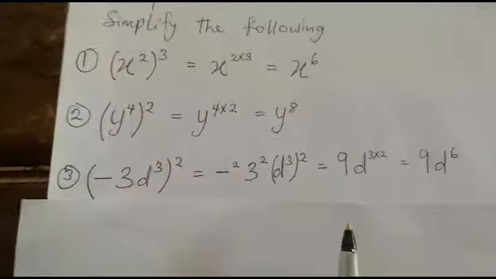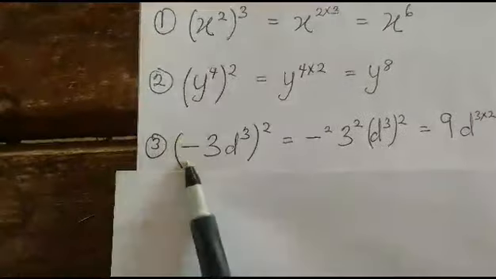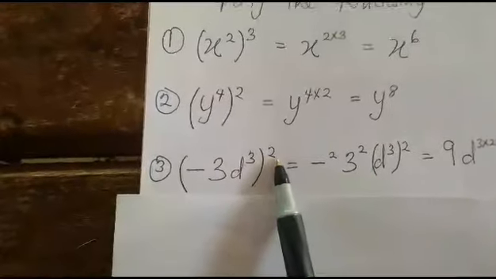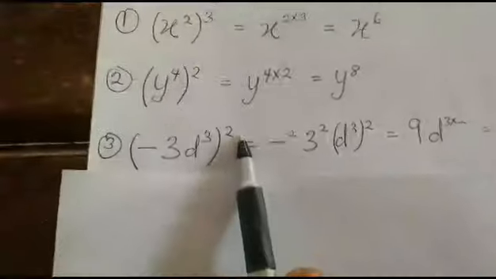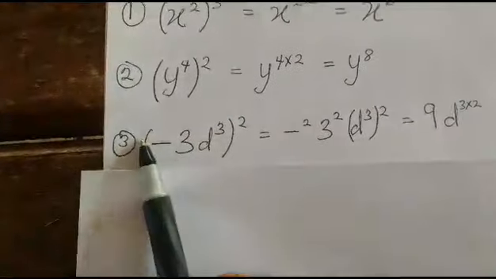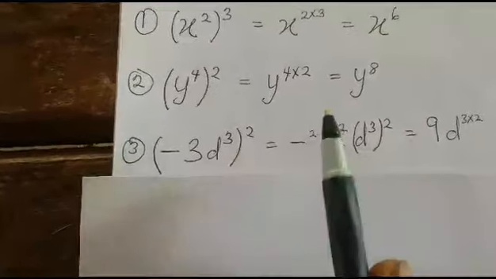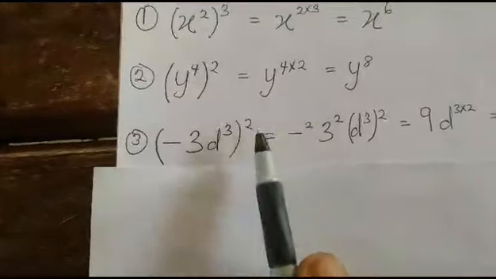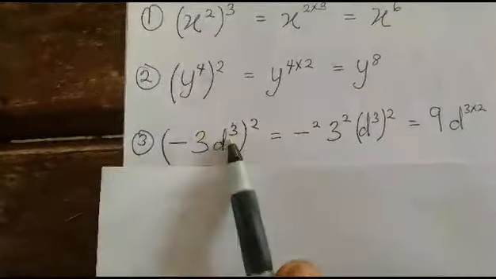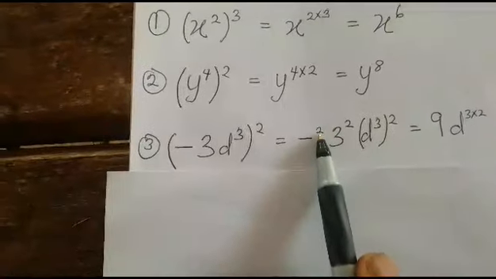Also, let's move on. If you are having minus 3 d raised to power 3, into the bracket of 2, you should note that this power of 2 will affect everything in the bracket. So 2 will affect this minus, making minus squared.